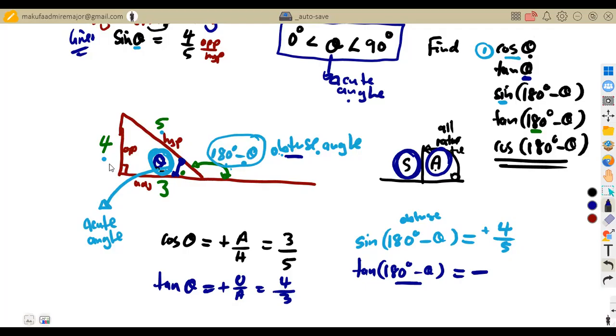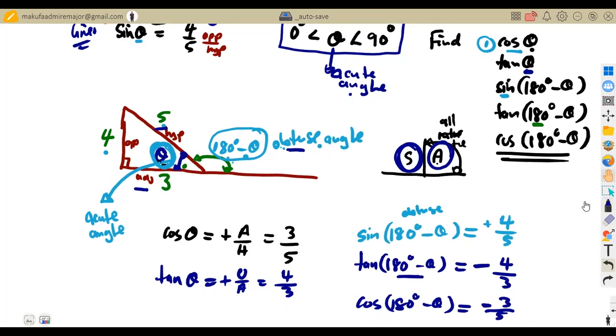The tan ratio, opposite over adjacent, does not change. So it's going to be minus 4/3. The same thing with our cos. The cos of 180 degrees minus theta, we relate it back. It's an obtuse angle, and cos is negative. So it's negative of its ratio, adjacent over hypotenuse, which is going to be negative 3/5.